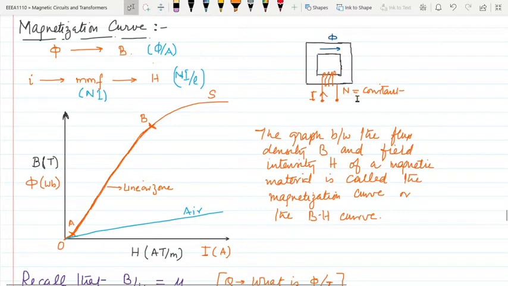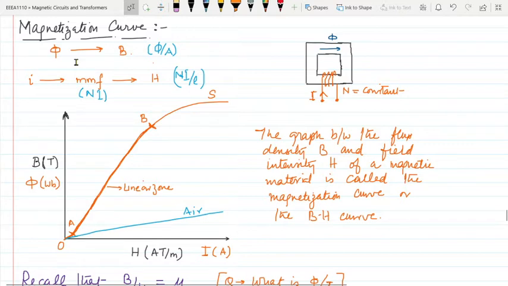Most of the times the number of turns N is constant. So in order to increase the flux, we increase the current that is flowing through this coil. So we can say that there is a certain relationship between this current and this flux that is being developed inside the core, and that is what we are going to discuss today.